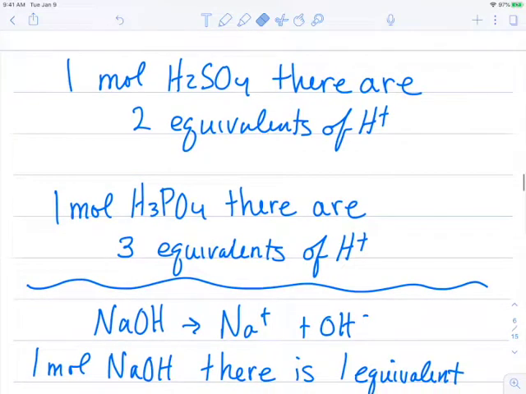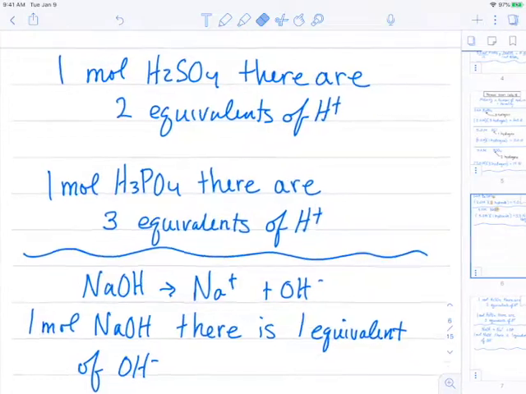All right. So equivalence and normality are very similar. So what we're going to say is in 1 mole of H2SO4, there are 2 equivalents of H+. So when we're talking about the equivalent, it's very similar to talking about normality, but it's not usually talking about the overall concentration of the solution.